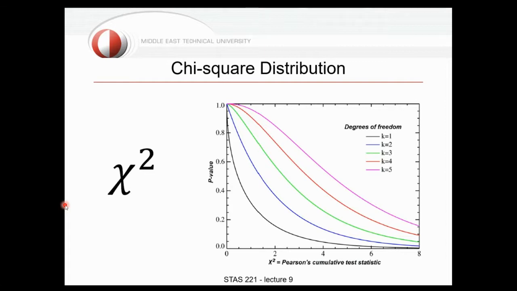We powered all of them by 2, and we derived the chi-square distribution from it. I don't want to go through the detail about the proof of that. This is out of the scope of this course. But anyway, let's go through the application. And I chose one specific application for you, which is very useful, especially when you want to test whether your data follows a specific distribution or not.